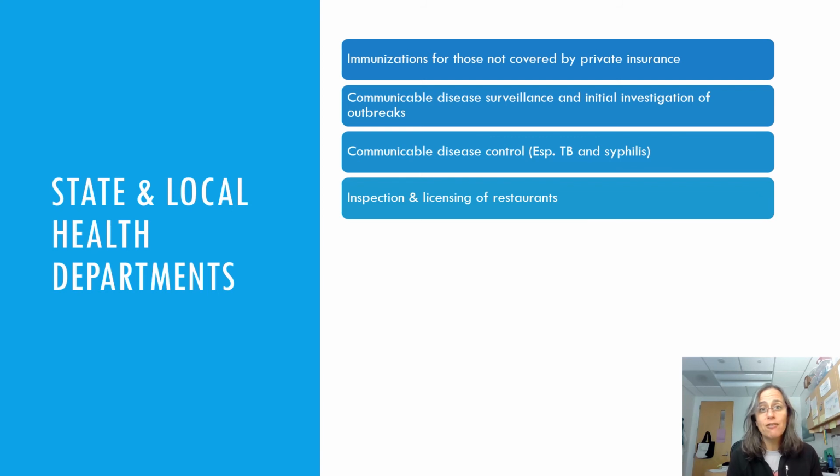Inspection and licensing of restaurants. So you can feel confident when you go to Silver Dollar or Logjam that you are very unlikely to get food poisoning there, because they have to follow all of the recommended food safety procedures and be inspected regularly.